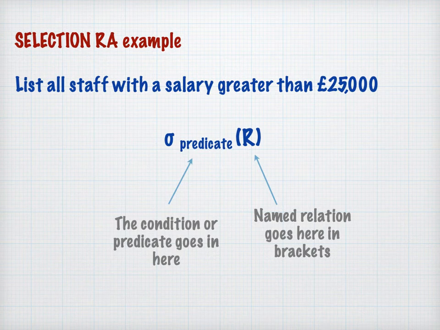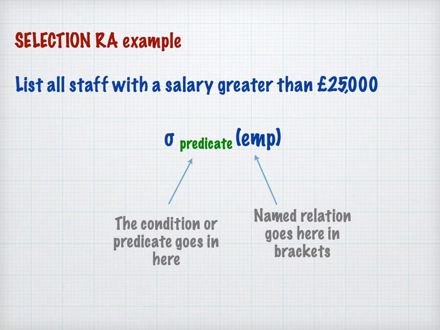So we start off with the thing that we're going to put inside the brackets. That's the relation, the name of the table if you like, and in this instance we know that we're getting information from the emp table. So in here we simply write emp like that, and then outside the brackets we add our predicate, our condition.